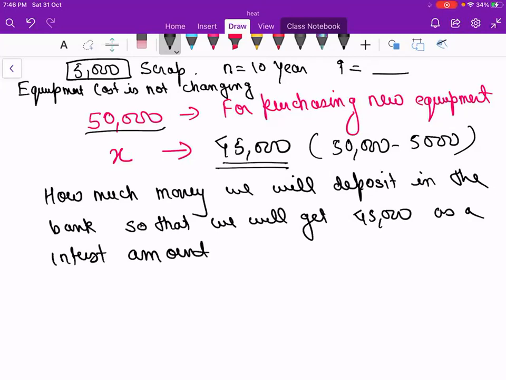The principal amount is always in the bank.